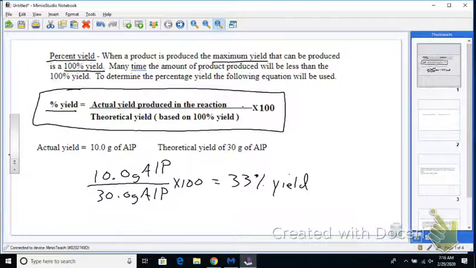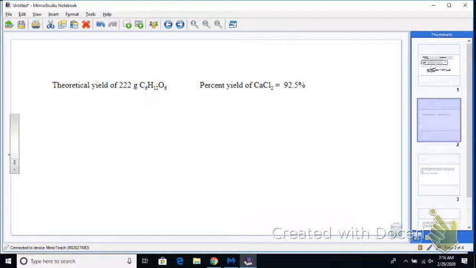All right. The next type of problem that you would get: let's say you're trying to find how much is actually produced in a particular reaction, and say that the best this reaction can do is a 92.5% yield.